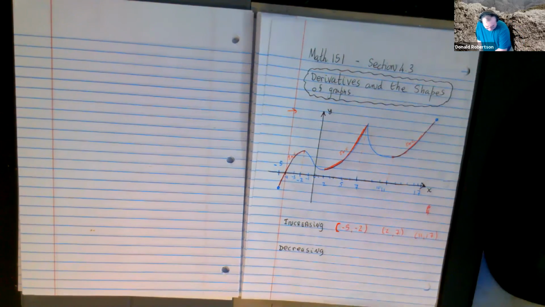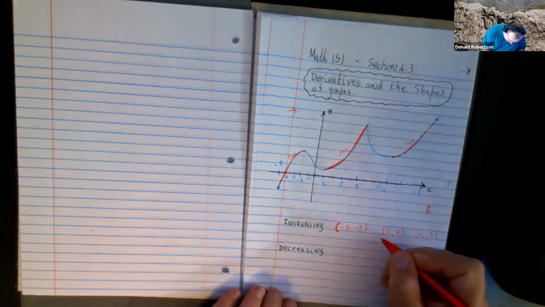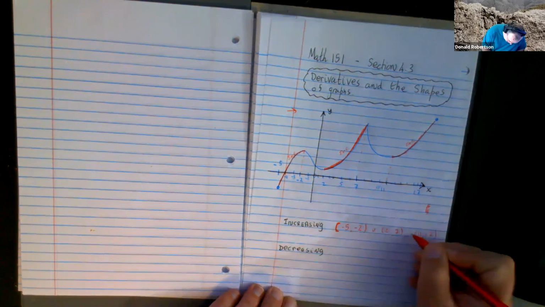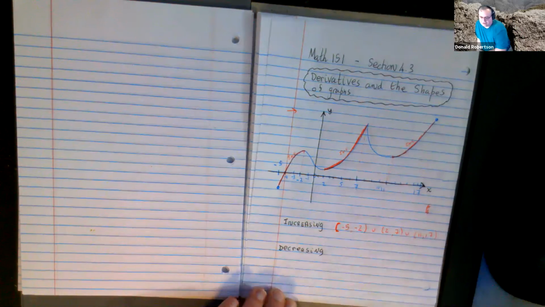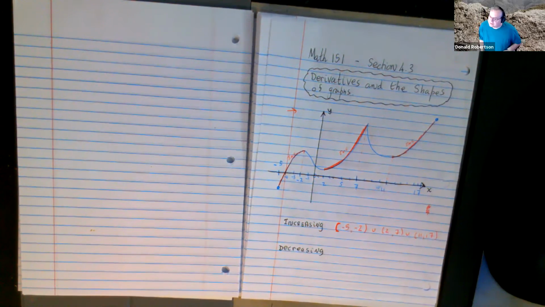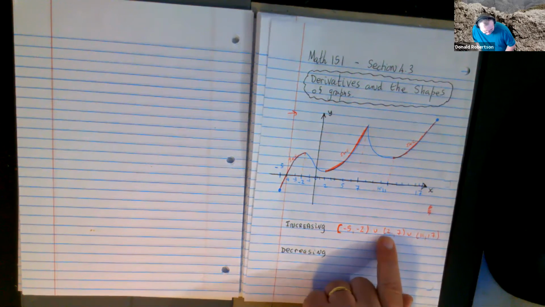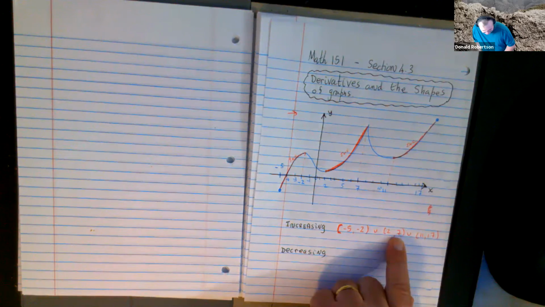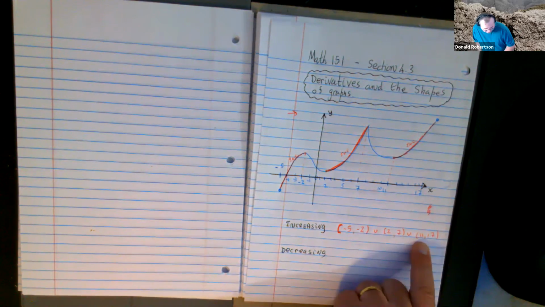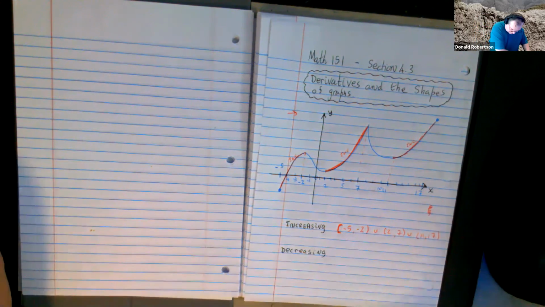Now, what you would normally do, but you don't do this in WebAssign, is put a little union symbol between each of these intervals, just to say that the whole thing is tied together. So this function is increasing for values of x between -5 and -2, and then there's a bit of a pause, and then from 2 to 7, and then a little bit of a pause, and 11 to 17, and that would be increasing.